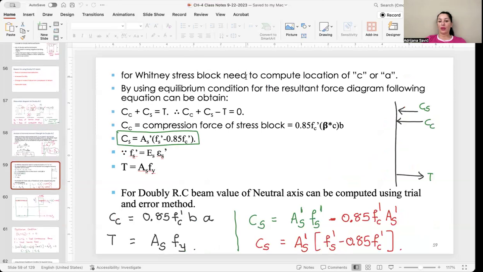Similarly, for the Whitney block, we need to compute location c or a, and we need to satisfy equilibrium. For a doubly reinforced concrete beam, the neutral axis can be computed using a trial and error method.